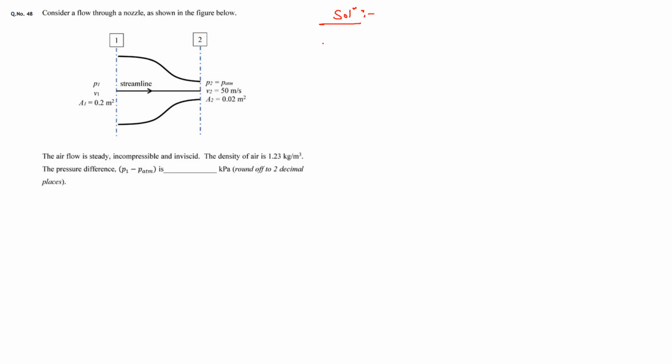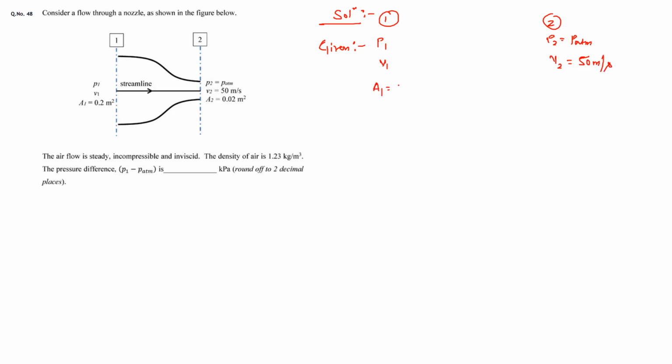Again, let's write down what is given to us. At point 1 the pressure is P1, and at point 2 the pressure is the atmospheric pressure. At point 1 the velocity is V1, and at point 2 the velocity is given, 50 meter per second.